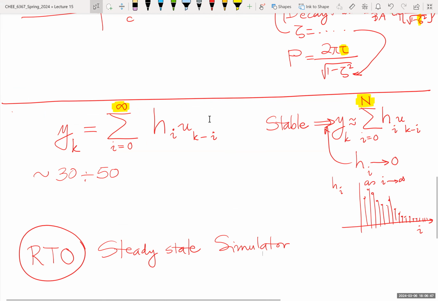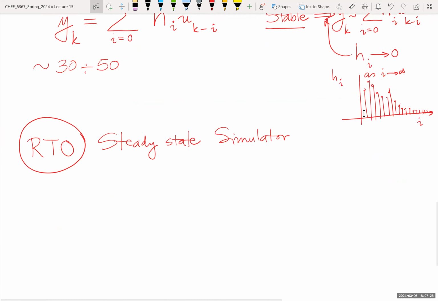All the past values of an input, assuming there's only one, in fact, there are more. Let's stick to one to keep things manageable for now. There are going to be multiple of these input values that are going to have an effect on my current output value. And as I go to more and more distant past, this effect should become smaller and smaller if my system is stable, which is why I'll use this kind of simple model with a finite number of past values.